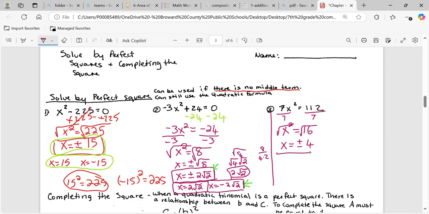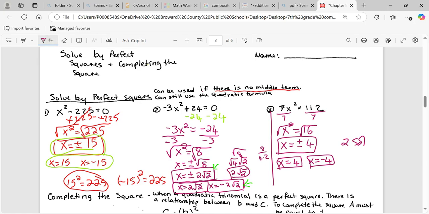That means that's an answer. You could see it like that with the symbol. But remember, that's two solutions, because x could be equal to positive 4, and that means x is also equal to negative 4. Both of them are viable solutions.